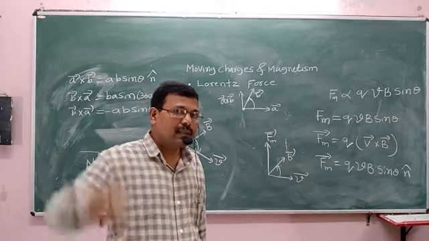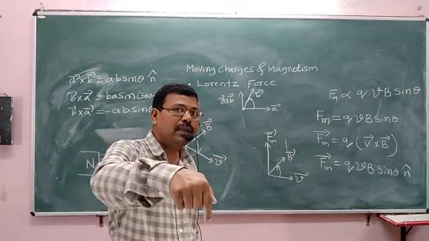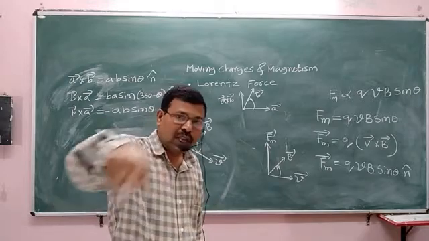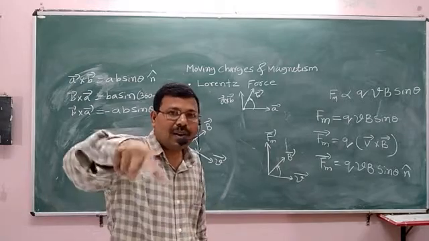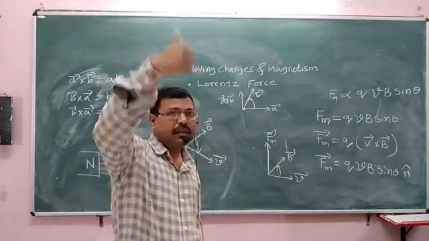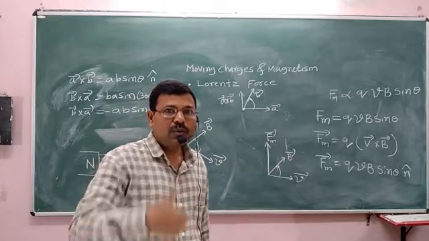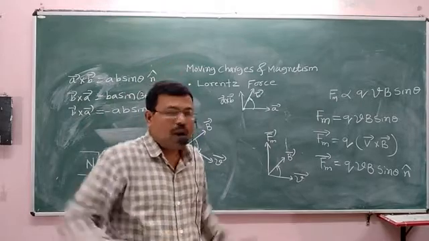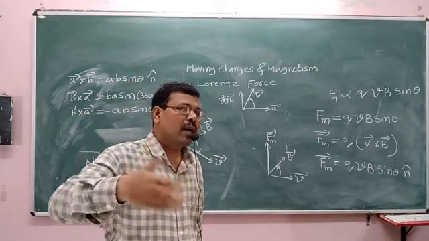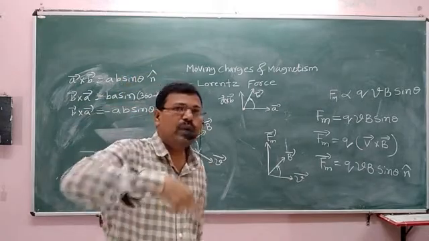Remember that vector velocity and vector B, the magnetic field, are in the same plane. These two vectors are lying in the same plane, and perpendicular to this plane there is a quantity known as force. In other words, force is perpendicular to the plane containing vector V and vector B.